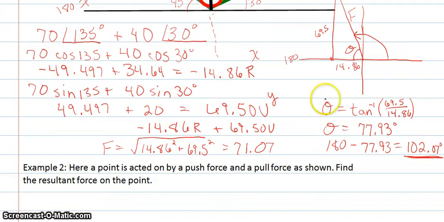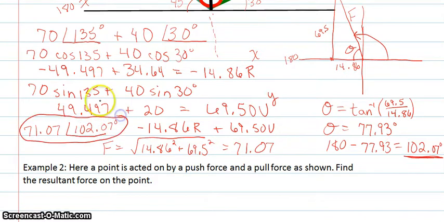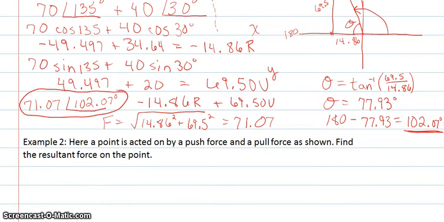Alright, then for your final answer, you want to write this as 71.07 at 102.07 degrees. Alright, so these are not necessarily horribly hard, but there is a lot of work to them, okay? So please show work on these problems.